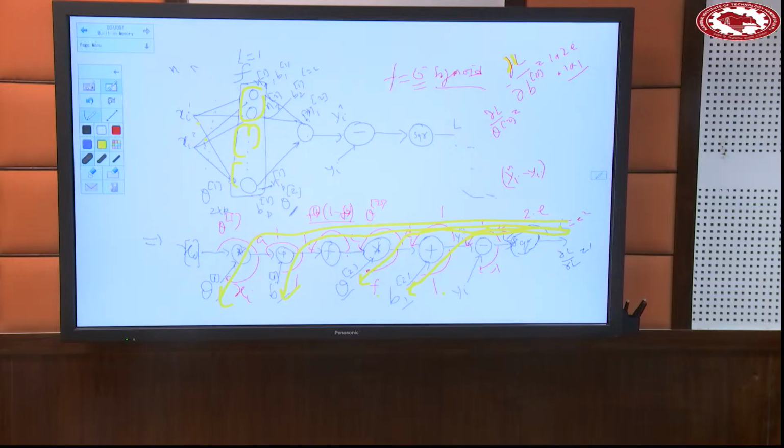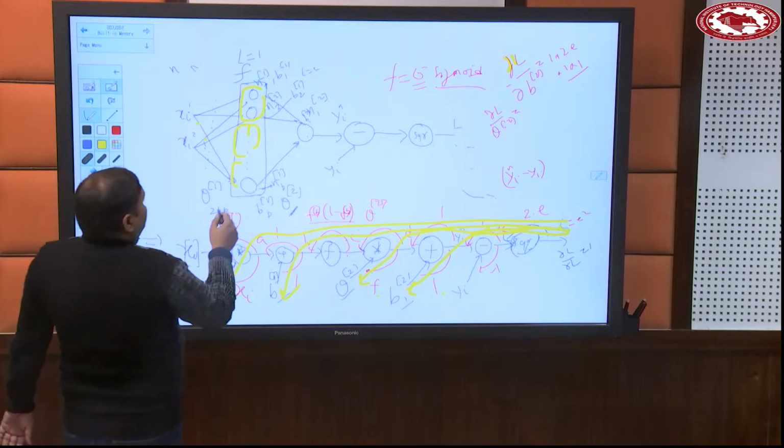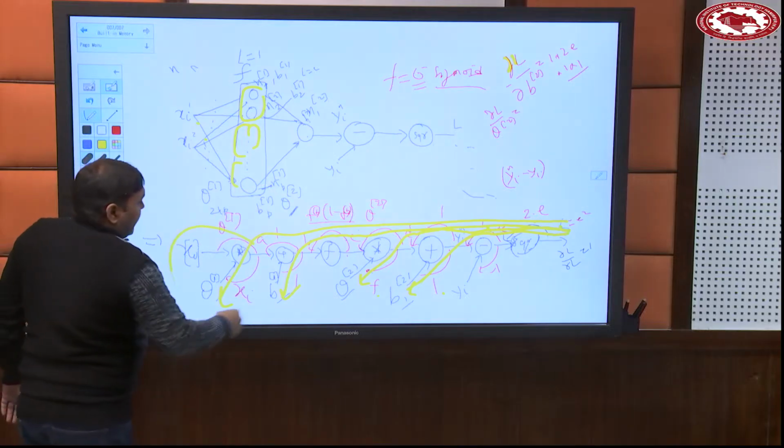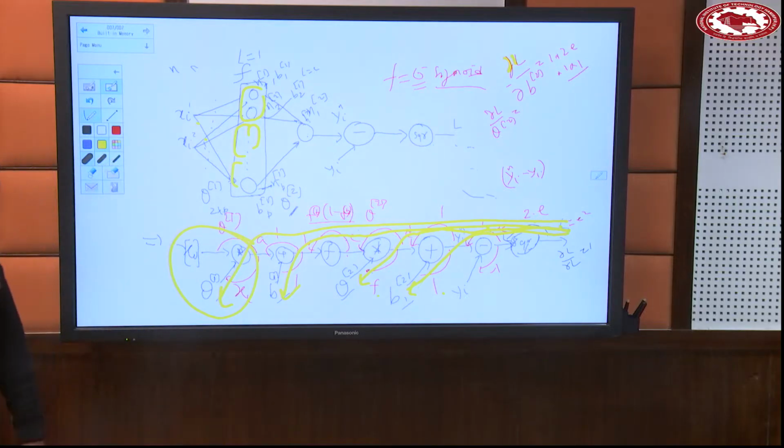Dot product you can directly do here, theta transpose xi you can directly do here. But it might not be a simple multiplication operator, it might be a convolution operator. You just need to know what the gradient of the convolution operator is. You have two variables x and y, you are convolving them, so what will the output be?